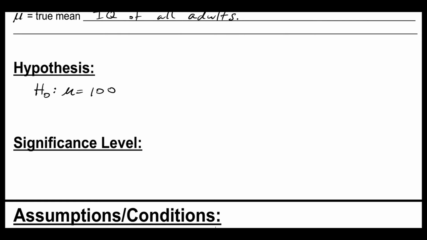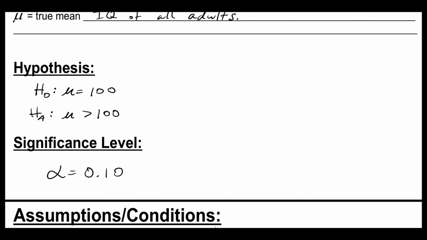So if you're above 100, you're in the top half. If you're lower than 100, you're in the bottom half. Alternative. We said it's going to be greater than 100. Alpha level, 10%, from the question.